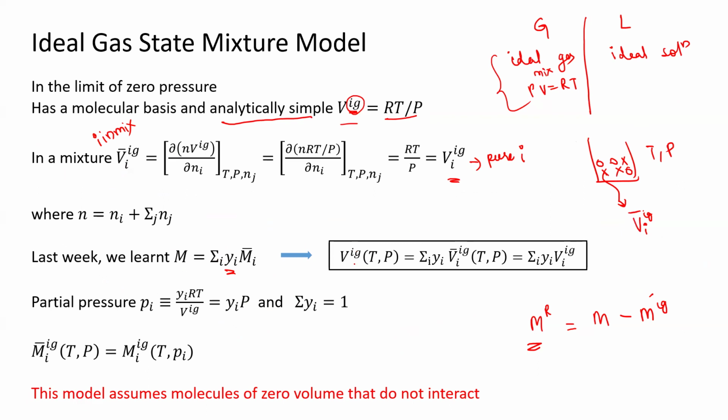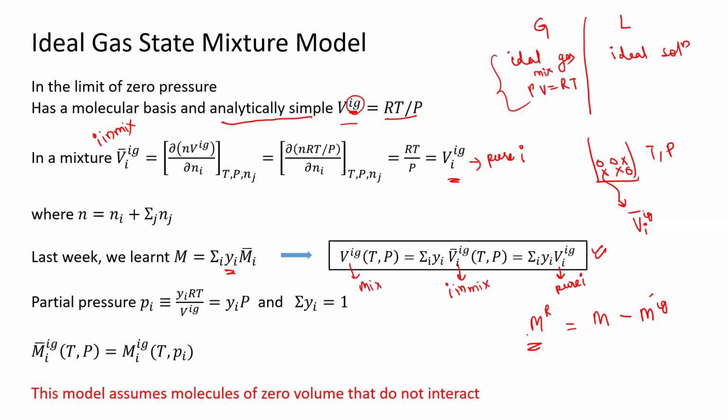That gives us V IG at T and P for the mixture equal to the summation of Yi into Vi IG bar, and this is equal to the pure i.